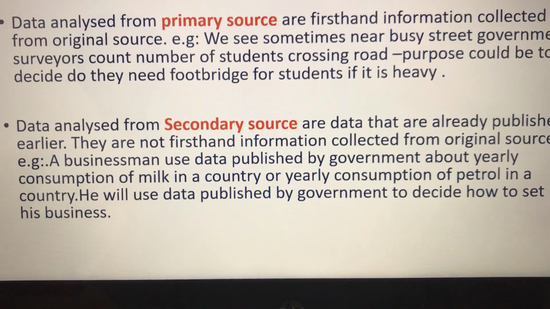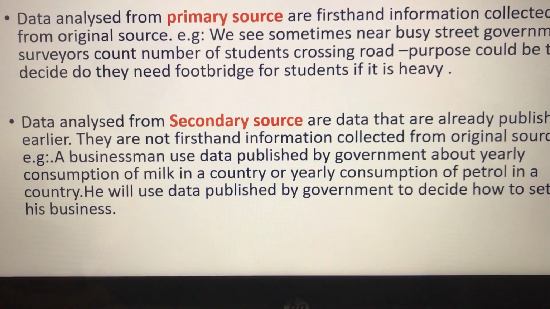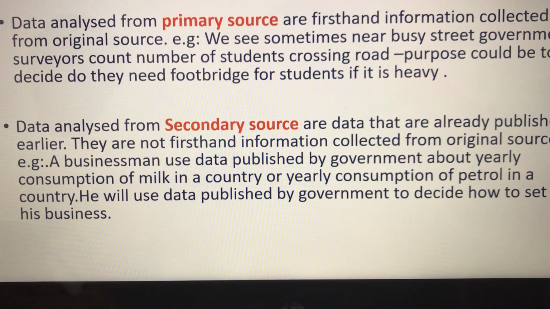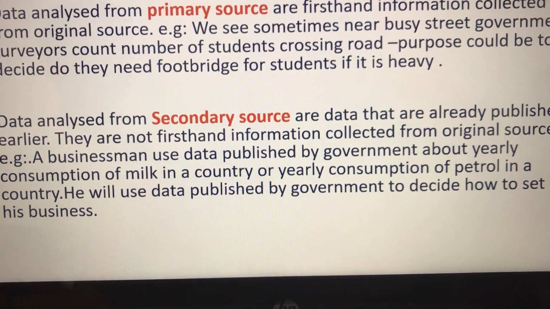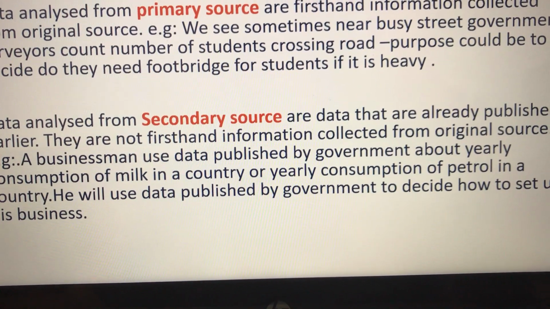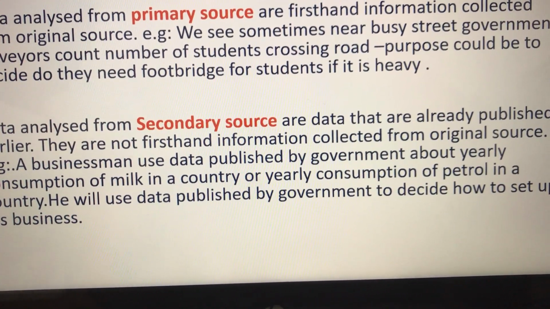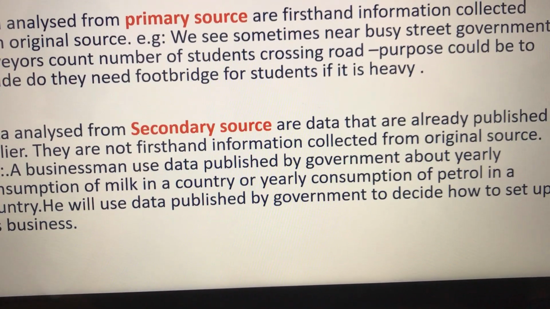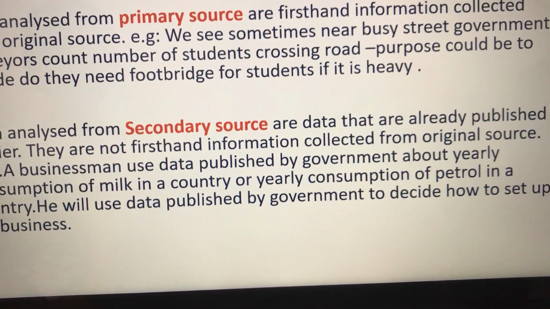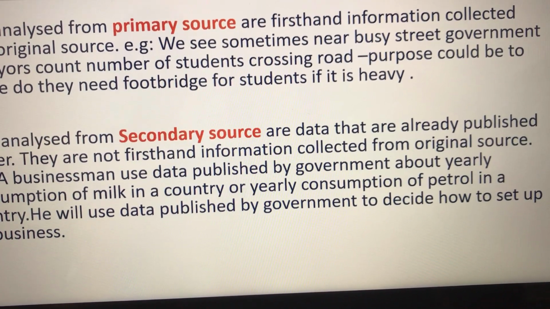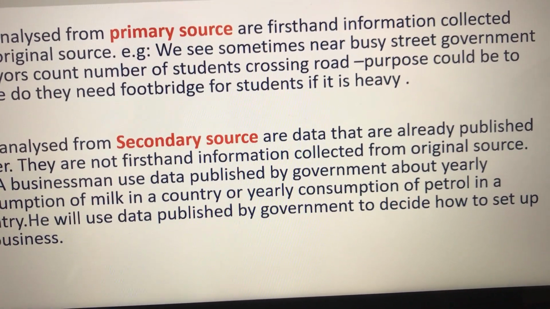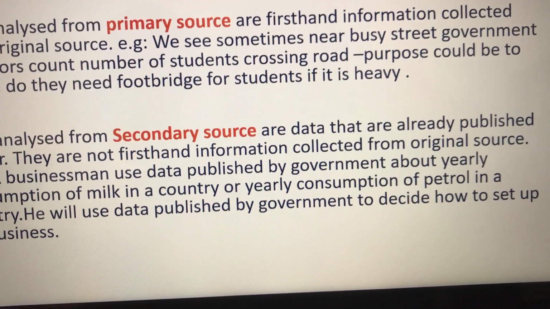I will ask the government of Hong Kong, can you tell me what is the yearly consumption of petrol in Hong Kong? Or I want to start a milk business in Hong Kong, then I will ask the Hong Kong government to give me data about milk consumption every year in Hong Kong. It will give me an idea about how much milk is being used in Hong Kong. Can I be successful as a milk businessman or a petrol businessman?